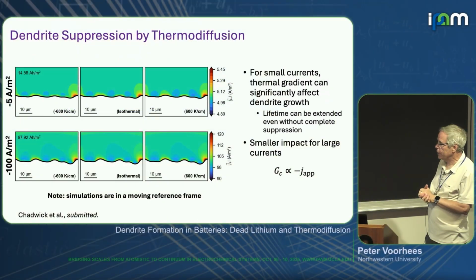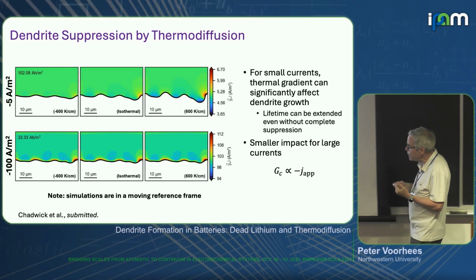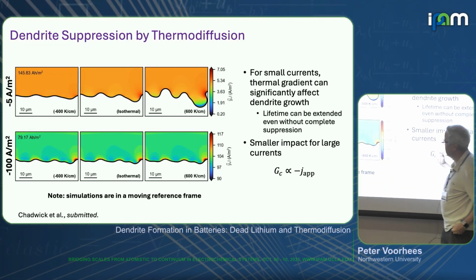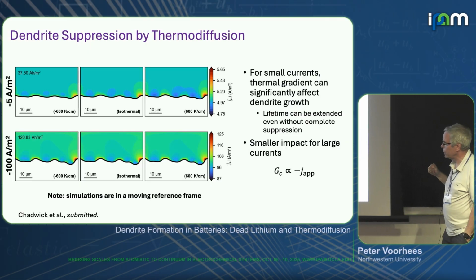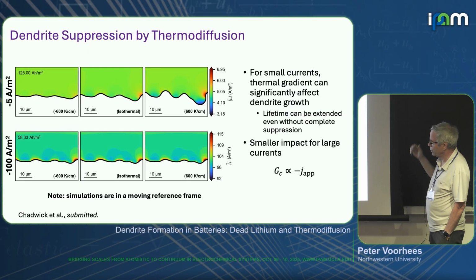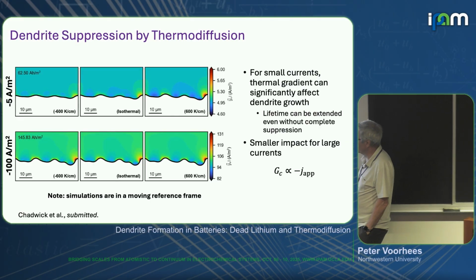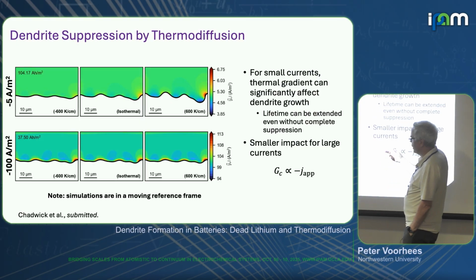There's not a huge change from one panel to another. The temperature gradient might be having an effect, but it's not enormous here, because it's dominated by the charging current, the migration of the atoms due to the potential gradients.